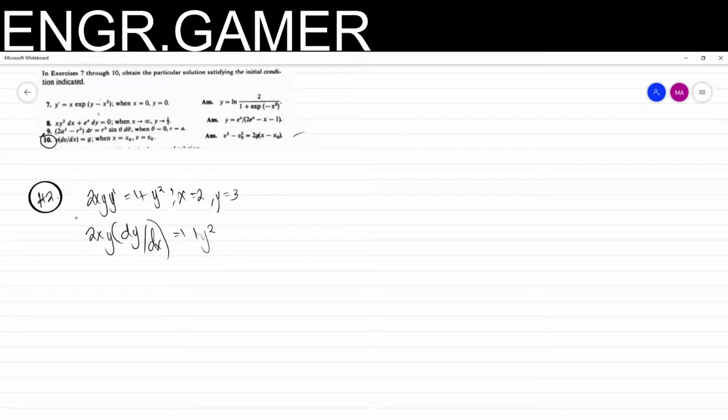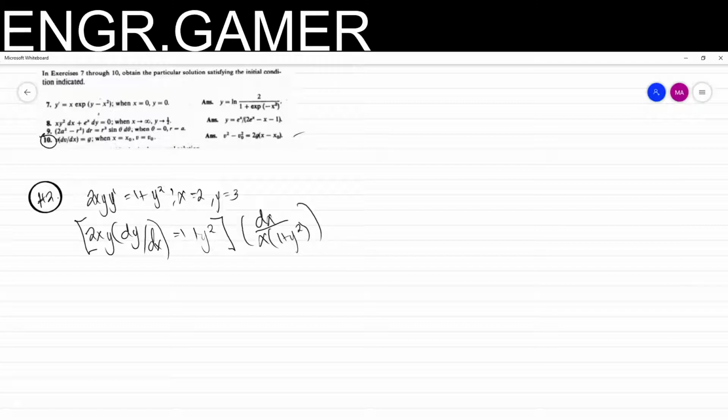We can multiply both sides, left and right, by dx over x times 1 plus y squared, para makancel out yung dx.